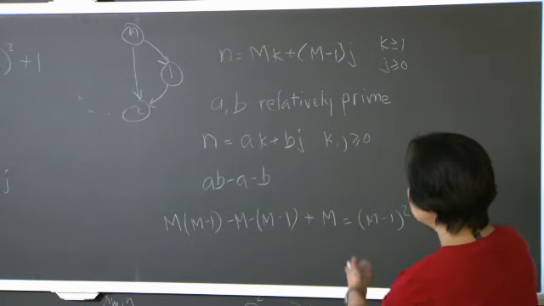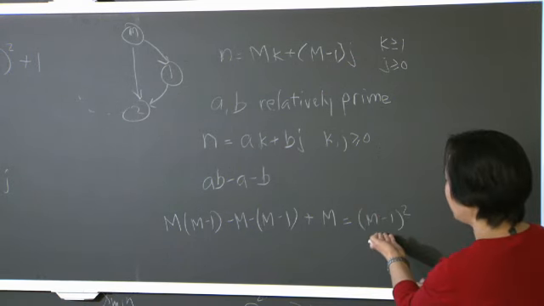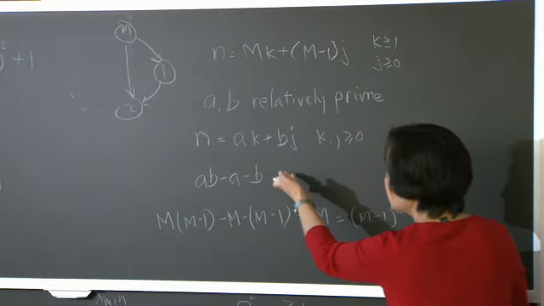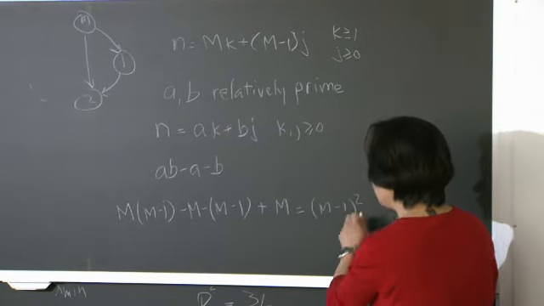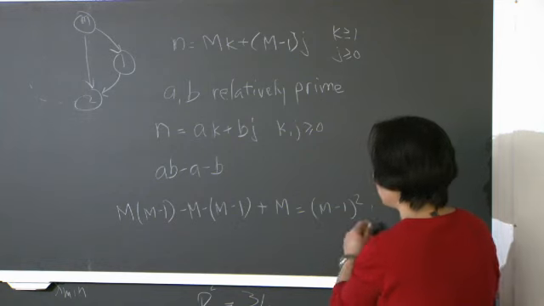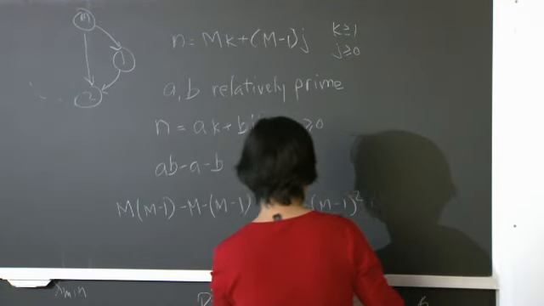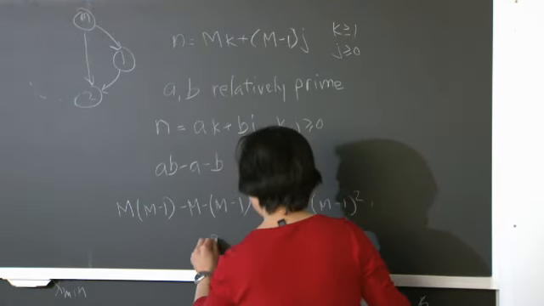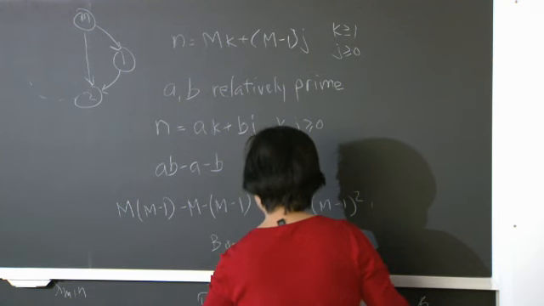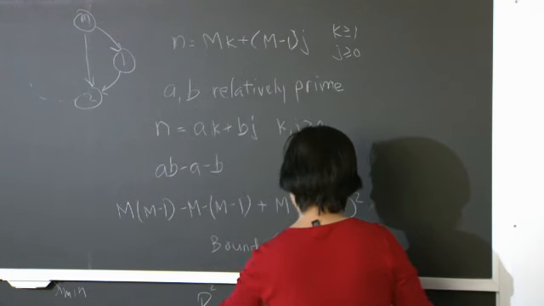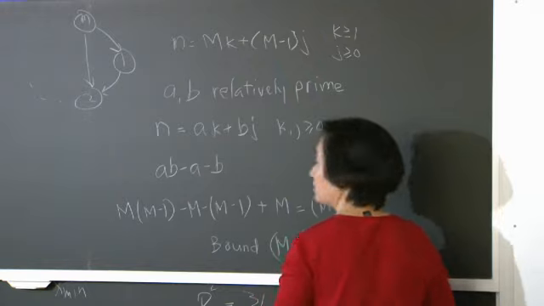So if n is equal to this number, it's the largest number that cannot be written like that. So therefore, we have to add 1. So the upper bound such that n can be written is going to be (m minus 1) squared plus 1.